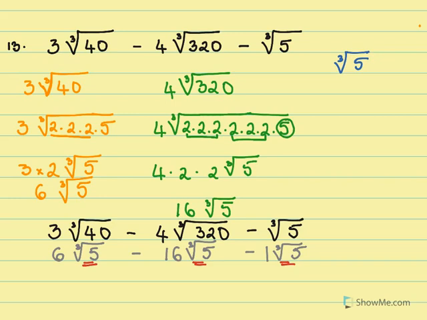Cube root 5, cube root 5, cube root 5, take it common out. What remains inside is 6 minus 16 minus 1. And on working this out, you will get minus 11 cube root of 5.